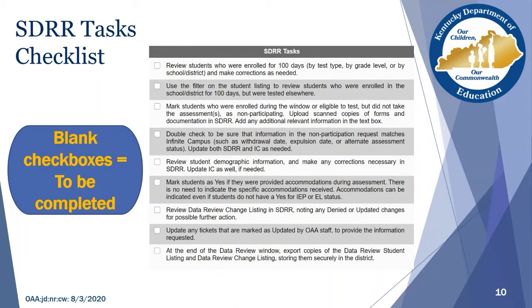But it just gives any new person, or if you don't work in SDRR a lot, a checklist to be able to go through and go, oh, I have completed this, and know that I have checked everything that I was supposed to do in SDRR before it closes.